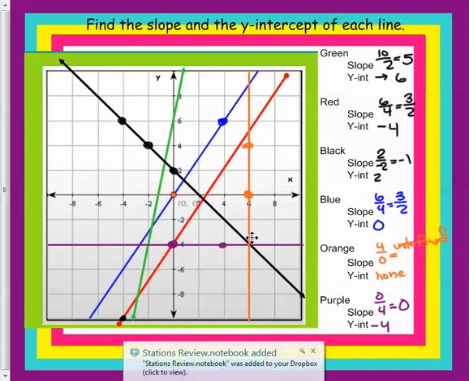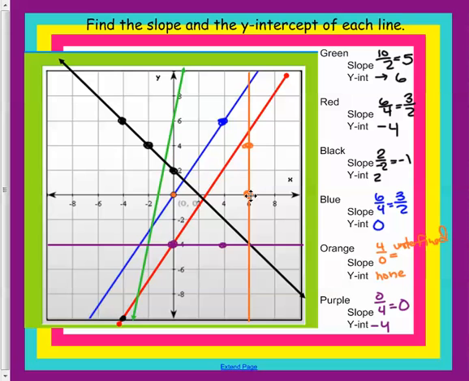You can pick any points on here that you want, it's rising 4 in my case, but it's not running anything. So this is undefined because you get a divide by 0 error. And it's not running through the y-intercept, so there's none there. For the purple one, it is rising nothing but running 4. So that's a slope of 0. And the y-intercept is at -4.